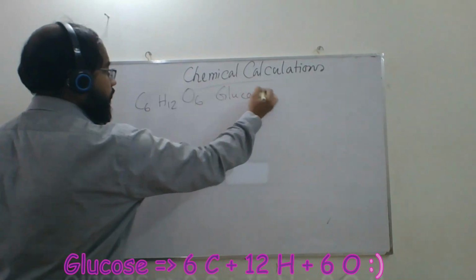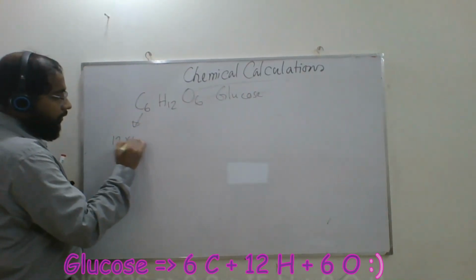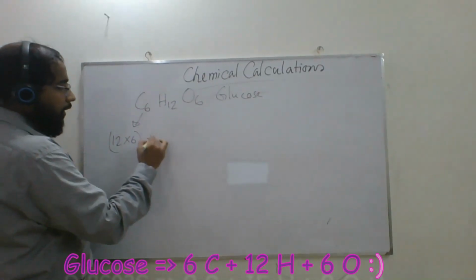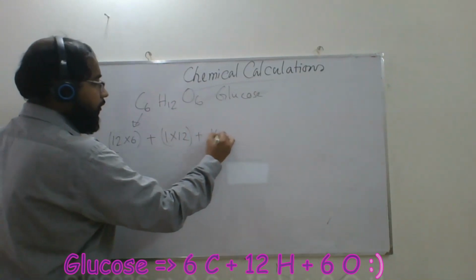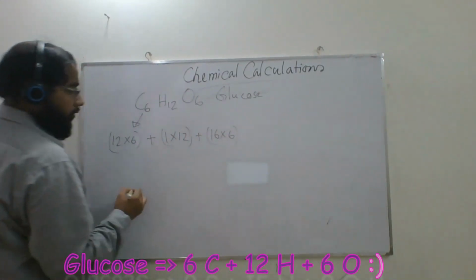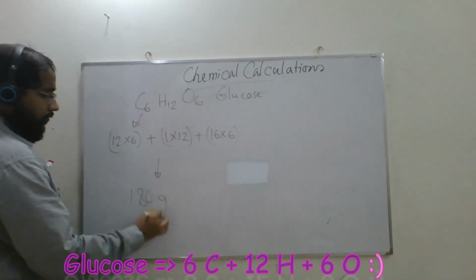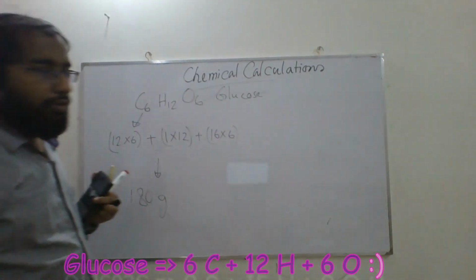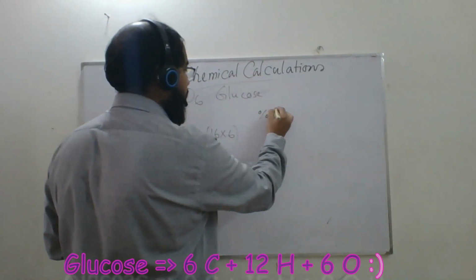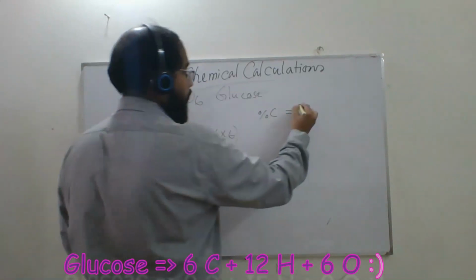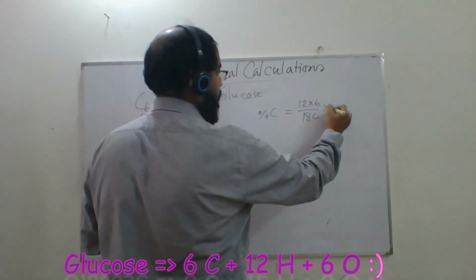Okay, now C6 means 12 into 6 plus 1 into 12 plus 16 into 6. So all of them will give you 180. Now start with me. Percent of carbon will be 12 into 6 divided by 180 into 100.